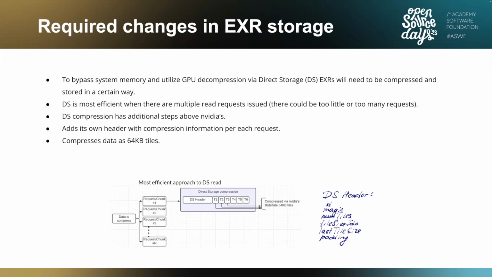Each chunk is then fed to the direct storage compression library, and what you see in purple there is what direct storage produces. It has a header that has information about the tiles, which is what direct storage calls tiles. Each tile is 64 kilobytes in size before compression, and of course, after it's compressed, it's stored neatly in that purple little box.